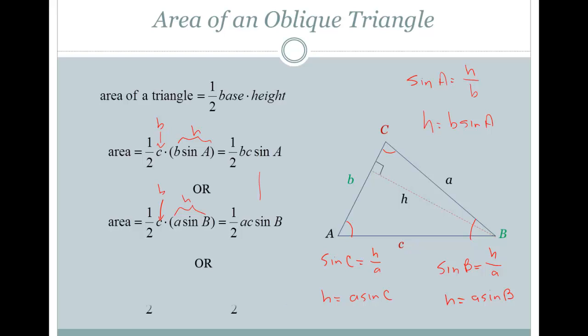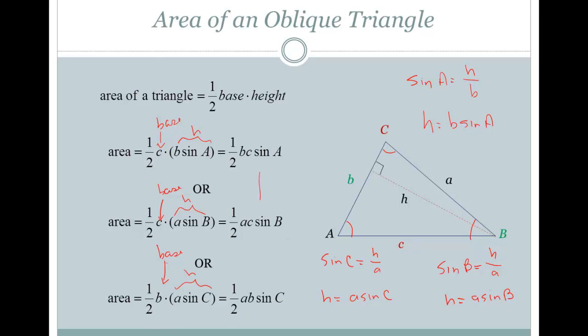So I could have written that my area was 1/2 B times A sine of C. In this situation, that's my base, and this is my height.